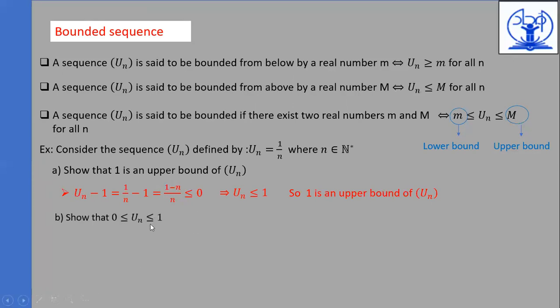Show that un is bounded between 0 and 1. We have already proven that un is less than or equal to 1. All we need to do here is to prove that un is larger or equal to 0. un is simply 1 over n, which is clearly positive since n is positive. So done.